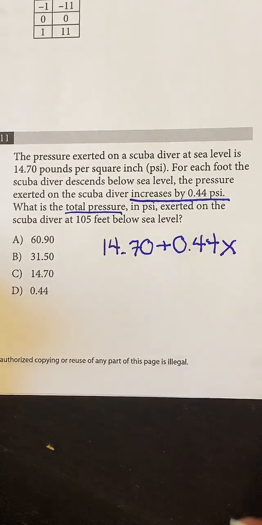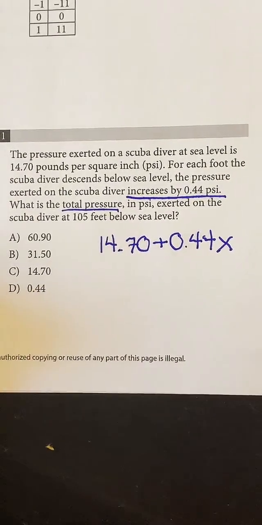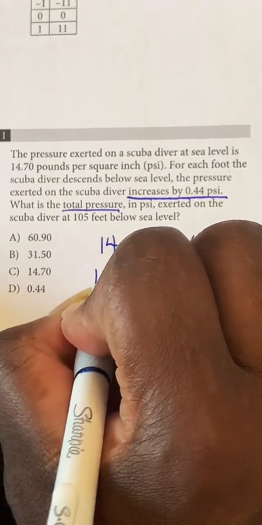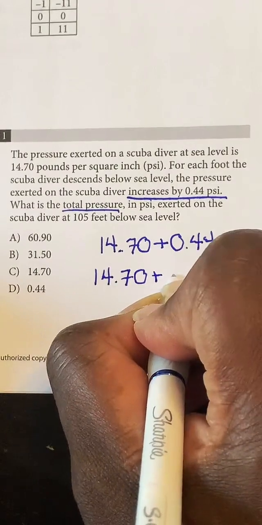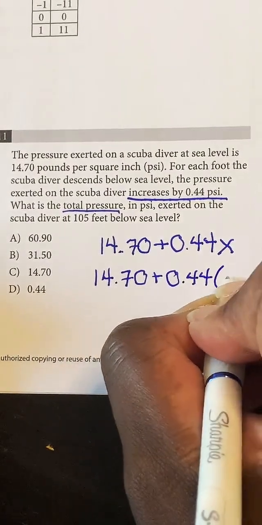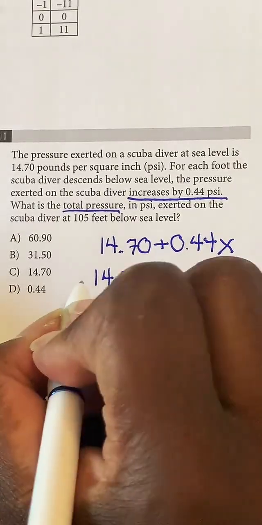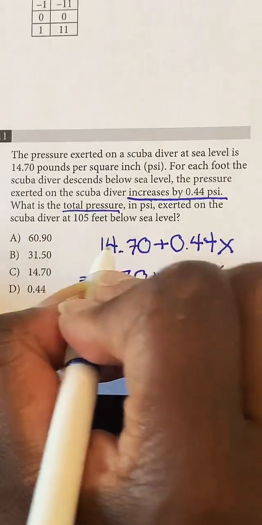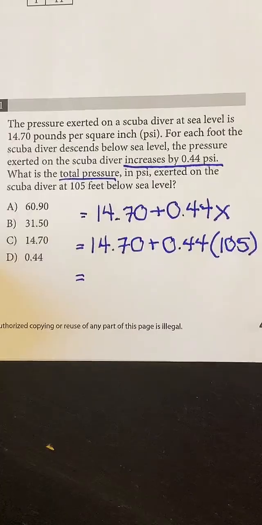So X is representing my feet. They're telling me it's 105 feet. So if I got my 14.70 plus my 0.44 times 105, then I can figure out how much total PSI is going to be happening.